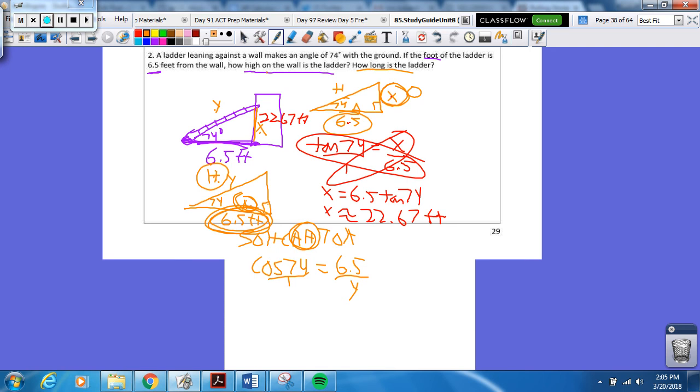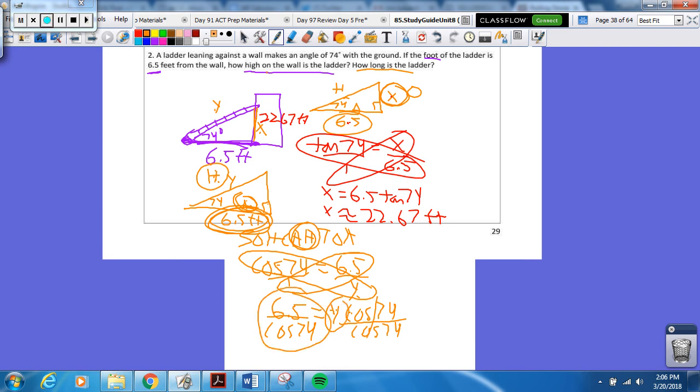Oh man, this is a little different. Now we have to solve. 6.5 times 1 is 6.5. Make sure you write all this down in your notebook. Y times cosine 74 is y cosine 74. Remember, solve for y. What's the opposite of multiplying by y? Dividing by cosine. Divide by cosine 74, and this is 1, so y is by itself.